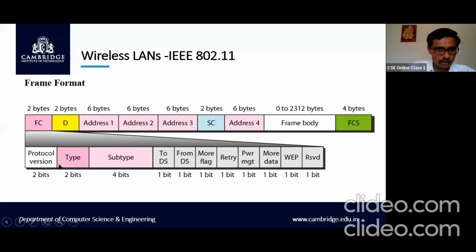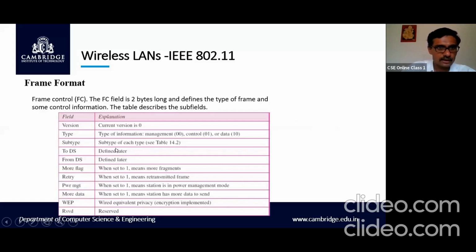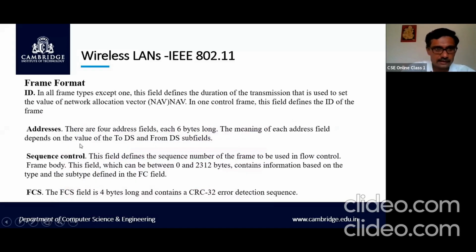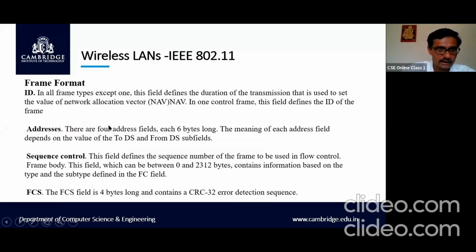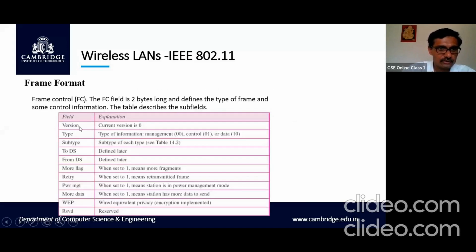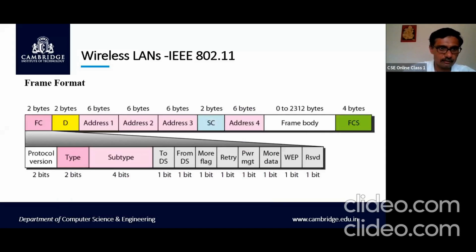The first field here is version, the protocol version. 2 bits are for that. Currently the version is 00. Later it may be modified, and if it is modified, it will change. Right now both bits are 00.